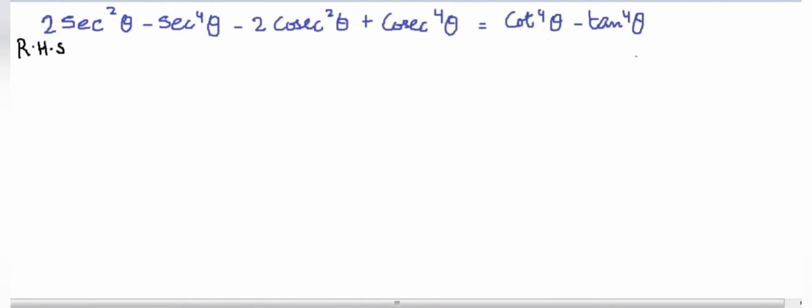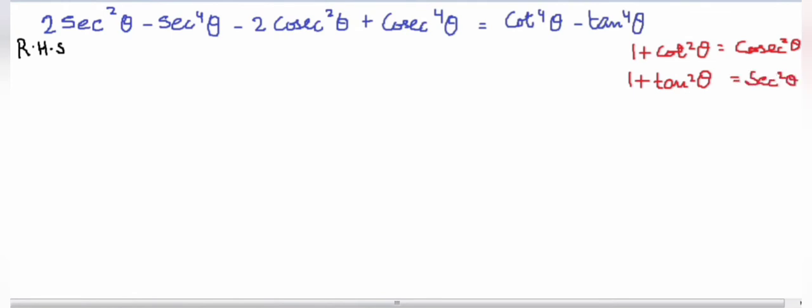Now we know that 1 plus cot square theta is your cosec square theta, and 1 plus tan square theta is your sec square theta. So in place of cot square theta, I will use cosec square theta minus 1, and in place of tan square theta, I will use sec square theta minus 1. So here I am starting with cot power 4 theta.